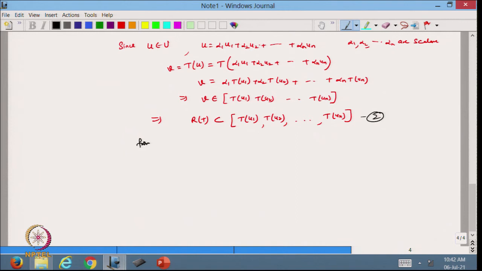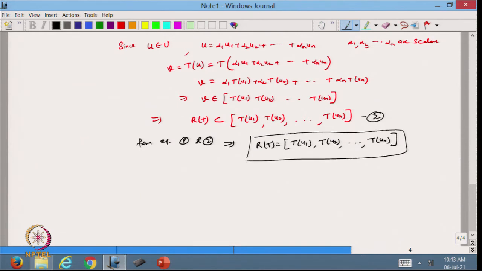So from equation 1 and equation 2, we can write that the range space is equal to the span of T(U1), T(U2), up to T(Un). That is the way we can show it.